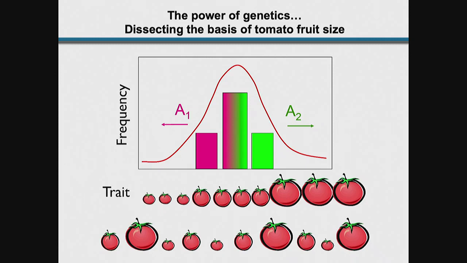Here we have a trait of interest from small to large, and we can think about particular loci, each particular locus where you have one allele from one parent, this would be the small parent, one allele from the large parent, and then you have this distribution depending on whether you're homozygous for the big parent allele, homozygous for the small parent, or heterozygous and have an intermediate phenotype, all right?